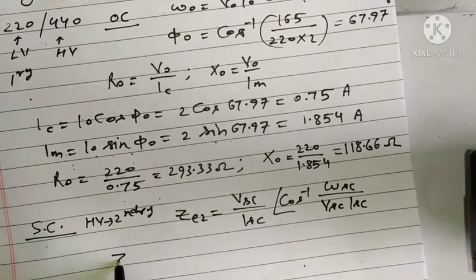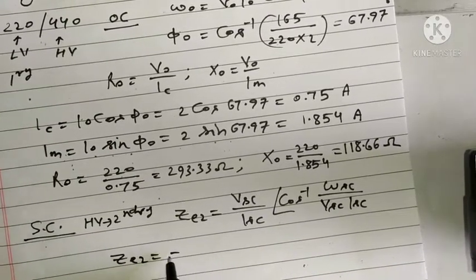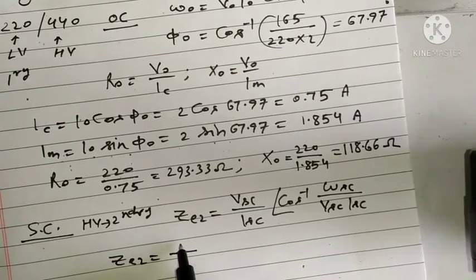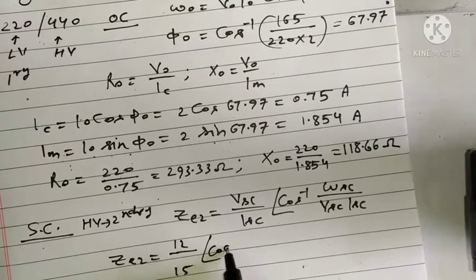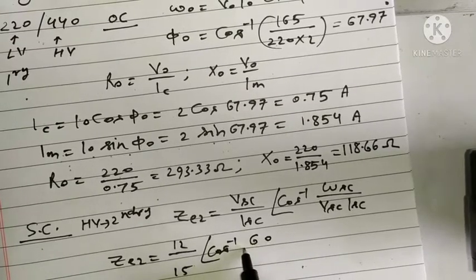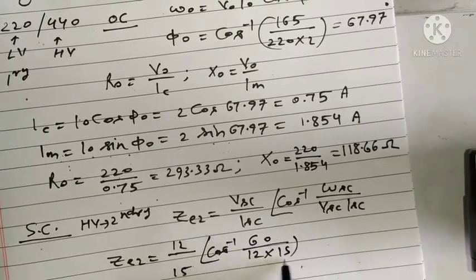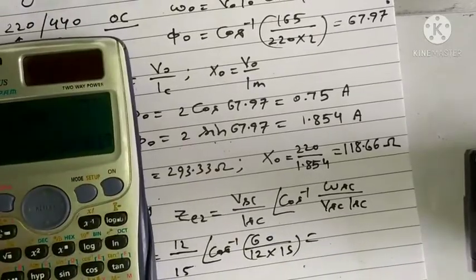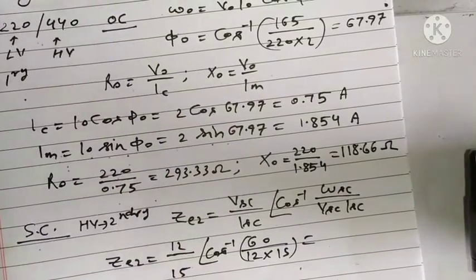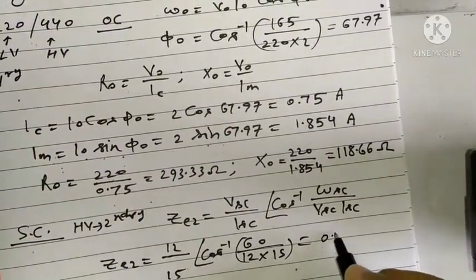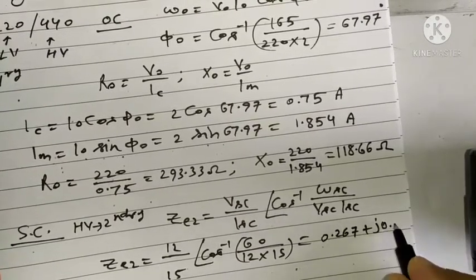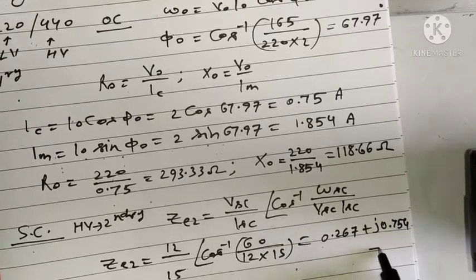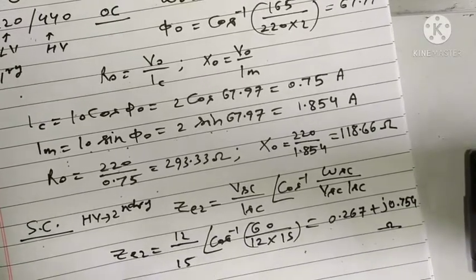Putting these values, ZE2 will be 12 by 15 at angle cos inverse of 60 by 12 into 15, so it comes as 0.267 plus j 0.754 ohm.